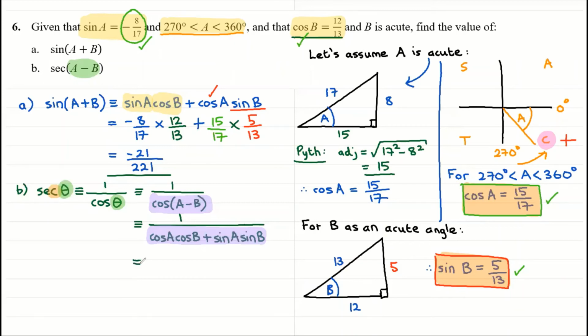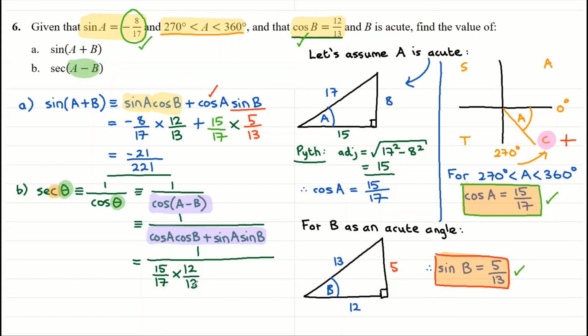So this is going to be equal to, now because we're subbing in values, 1 over, and let's write everything in. The cosine of A. So first of all, that's 15 over 17. Multiply that by the cosine of B. I'm just reading that off. That was given to us in the question. That's 12 over 13.